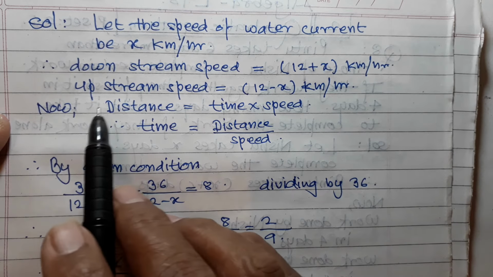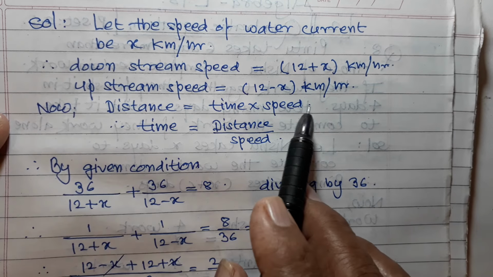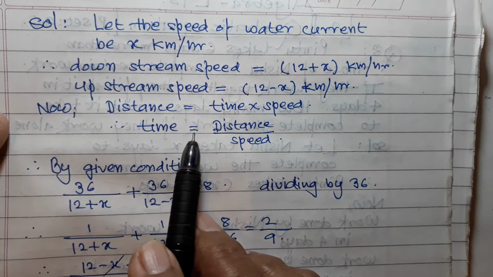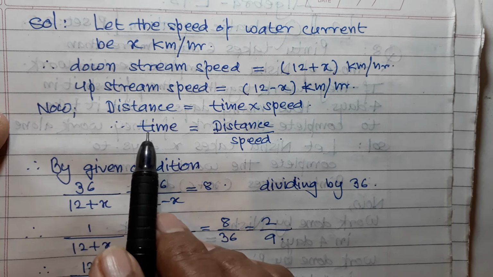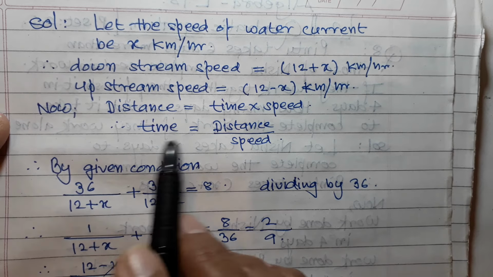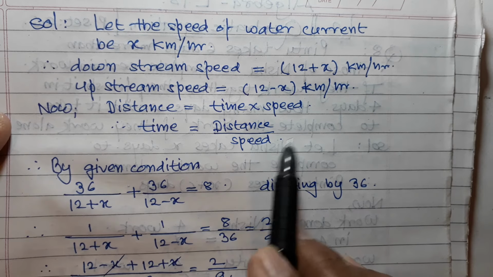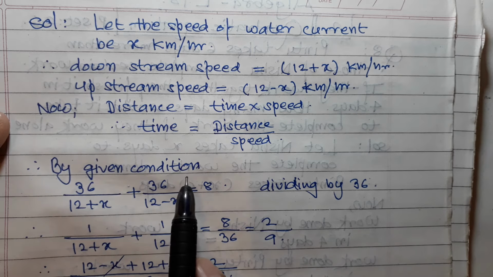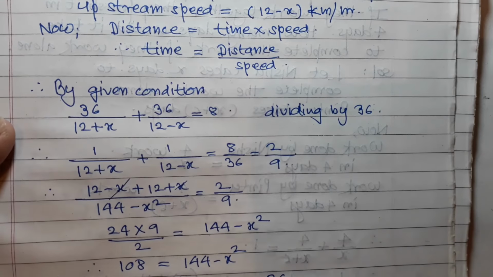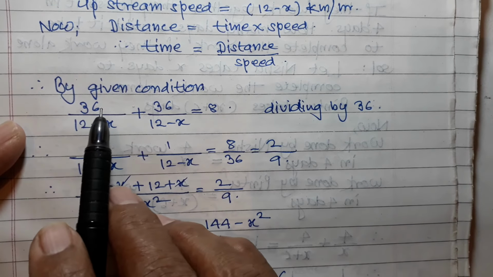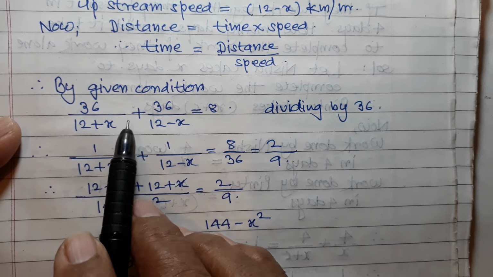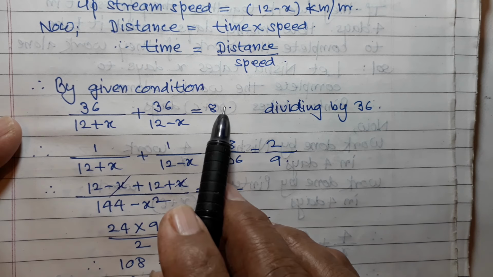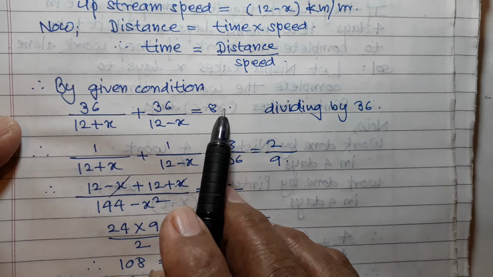Now you know distance is equal to time into speed, and therefore time is equal to distance upon speed. Then by the given condition, 36 upon 12 plus x plus 36 upon 12 minus x is equal to 8.